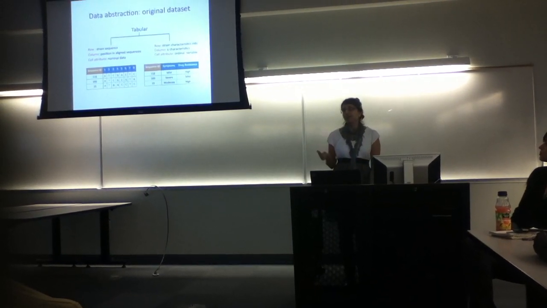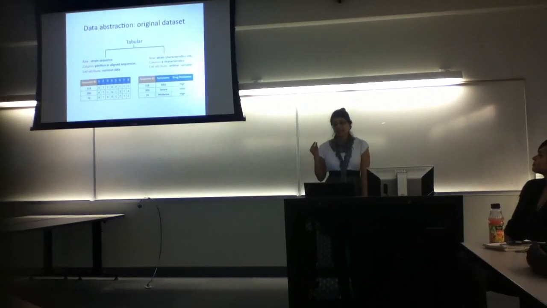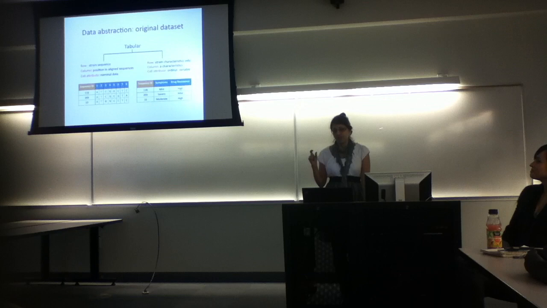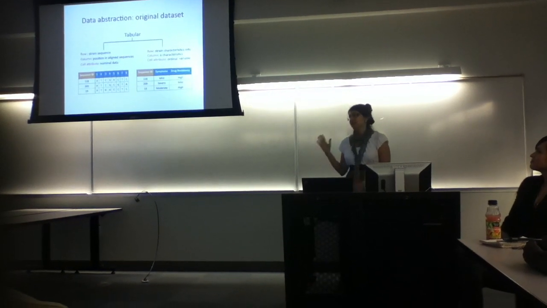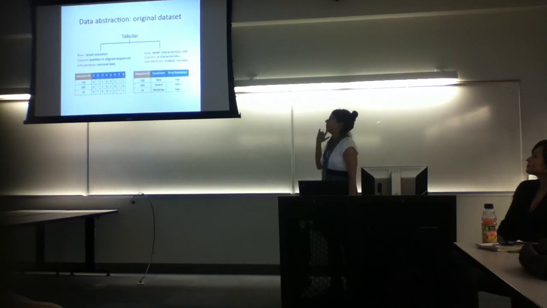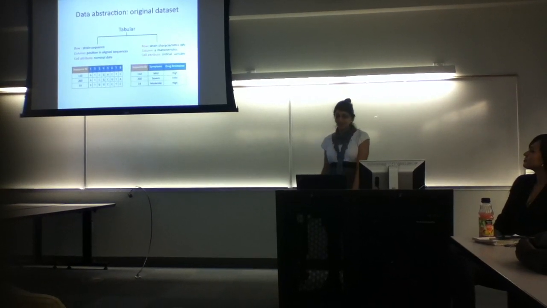A column is a characteristic, and a cell attribute is ordinal data, which has a dynamic range that is different for different characteristics. For example, for symptoms it could be mild, moderate, and severe.